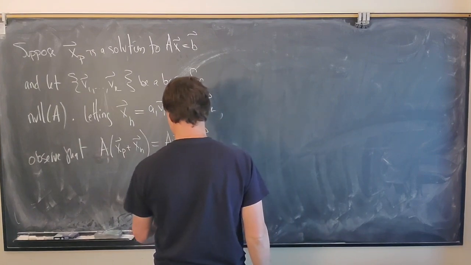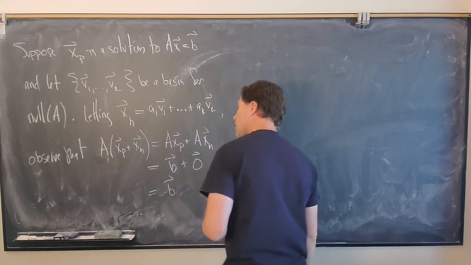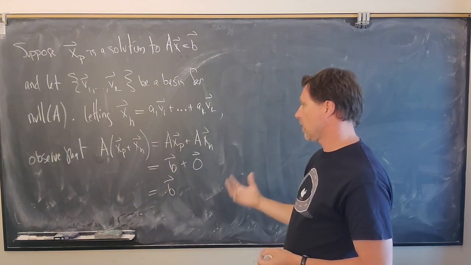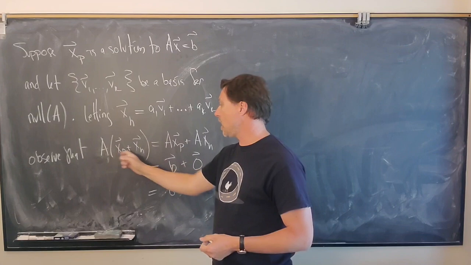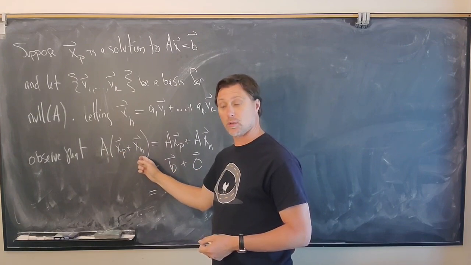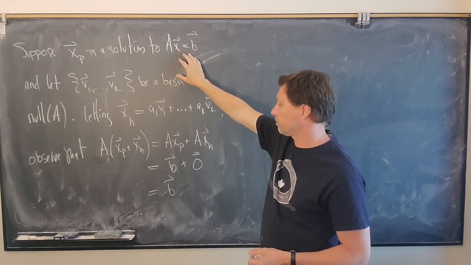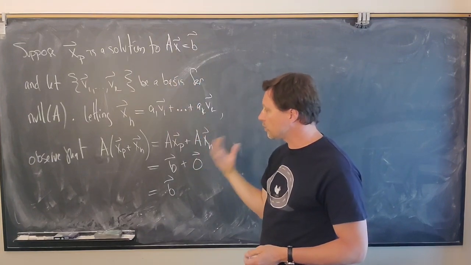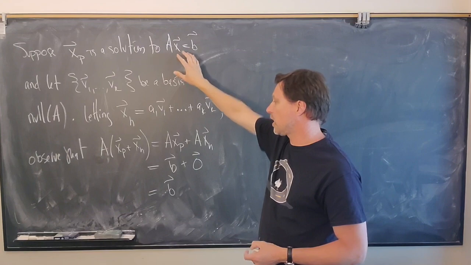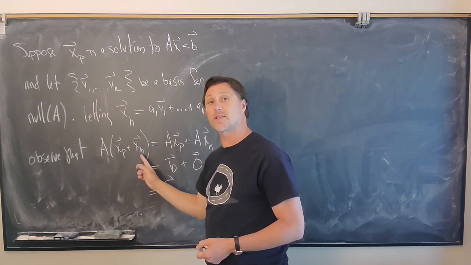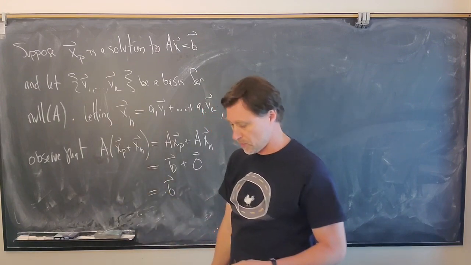So it's equal to B. And so what we just showed is that every vector of the form X sub P plus X sub H is a solution to the original equation. So every solution to our original equation can be expressed as a particular solution plus a solution to the homogeneous equation.